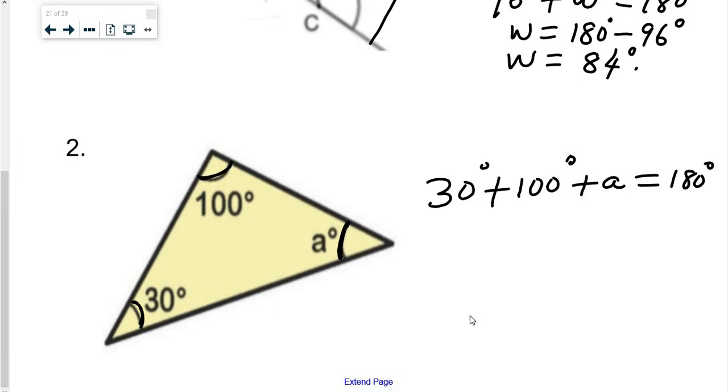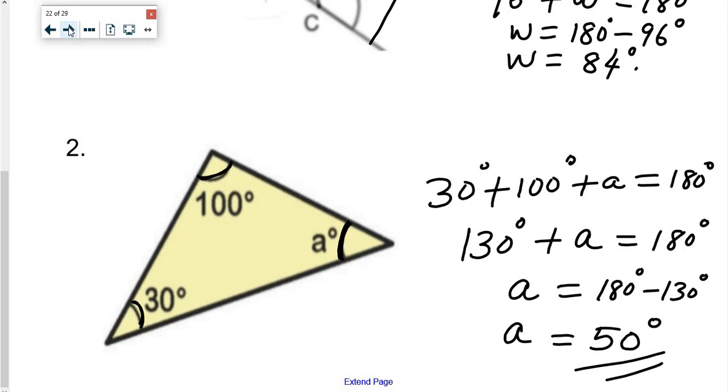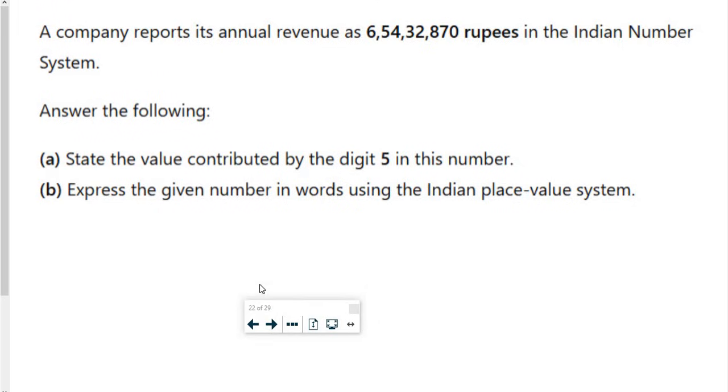This is angle sum property of a triangle. So 130 degrees plus A equals 180 degrees. To find the value of the third angle, which is A, you take big number 180 degrees minus 130 degrees. So A will be equal to 50 degrees. Next question.